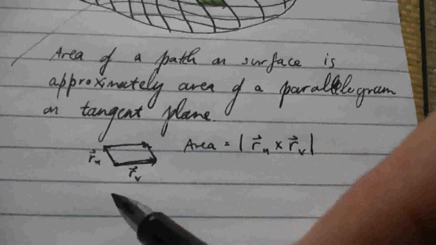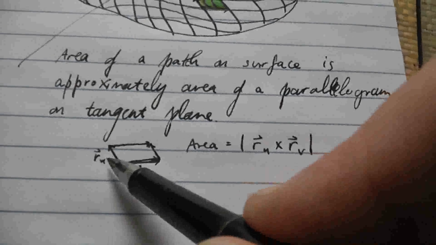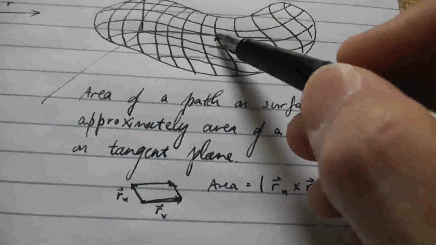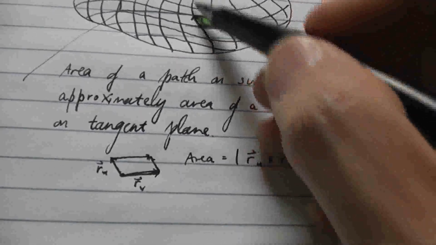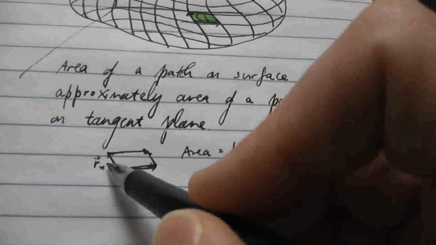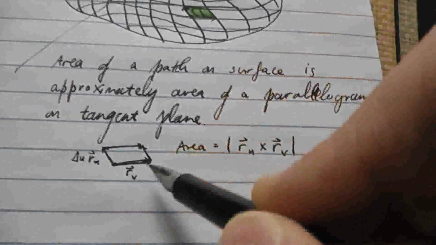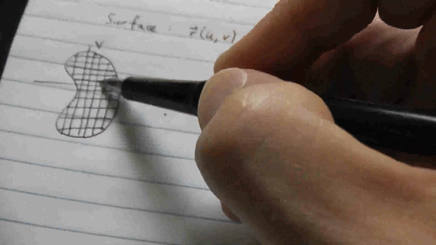Well, I was a little sloppy, because what we're doing is scaling this. This gives some vector at this point, but we want to scale it by multiplying by delta u, a small change in u that's equivalent to the length of one of these little line segments.